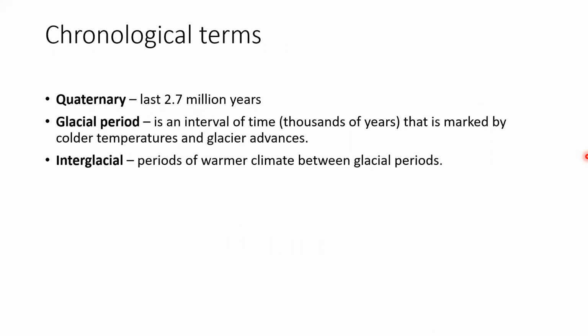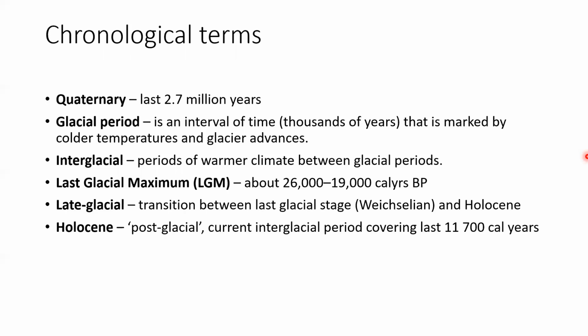Interglacials are the periods of warmer climate between glacial periods. Then the last glacial maximum usually refers to circa 19,000 years ago. Late glacial is usually the transition between the last glacial stage, which was Weichselian, and then the Holocene, which is the current interglacial period, covering a little bit over 11,000 years.